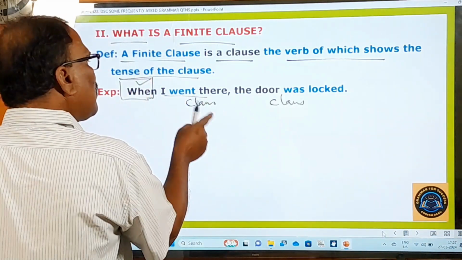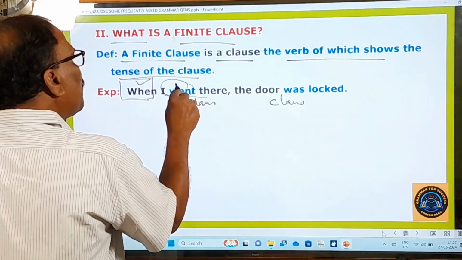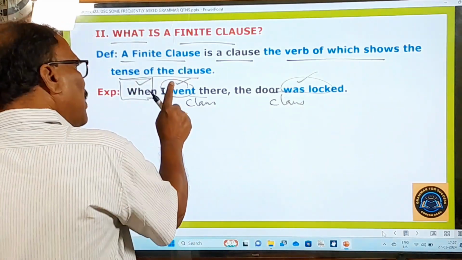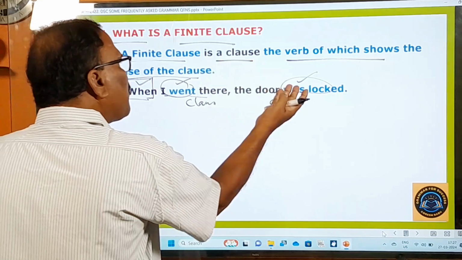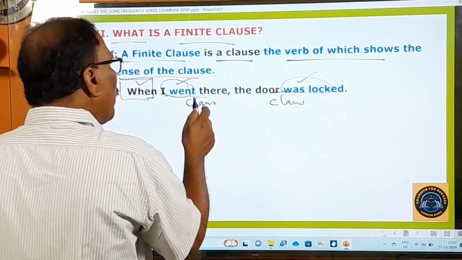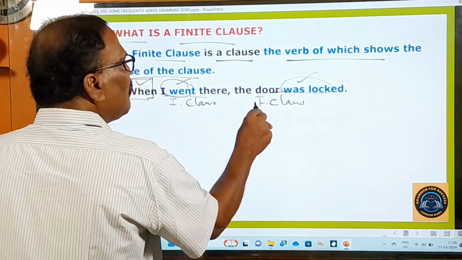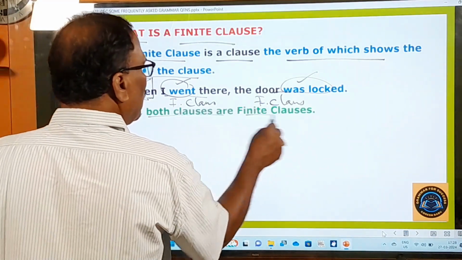In these clauses, the verb is showing the tense. In this clause the verb is showing the past tense, and in this clause the verb is showing the past tense. Since the verbs are showing the tenses, these clauses are called finite clauses. Both the clauses are finite clauses.